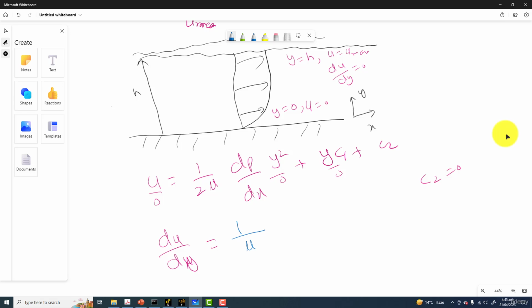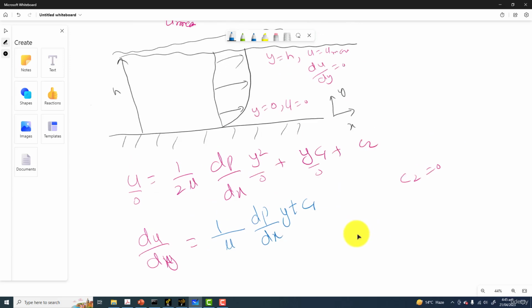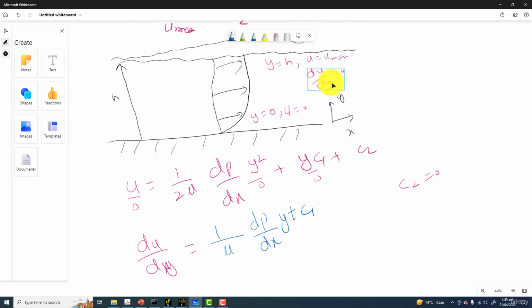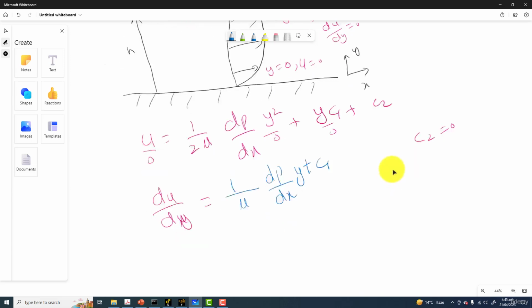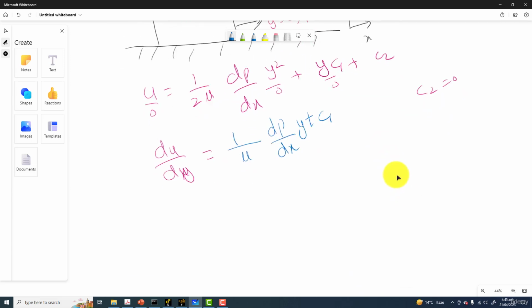So we have 1 upon mu, dp by dx into y plus c1. Now we know that du by dy is equal to 0 at y is equal to h. So 0 is equal to 1 upon mu dp by dx, and here y is h. So from here we can find out that c1 is equal to minus 1 upon mu dp by dx and h.